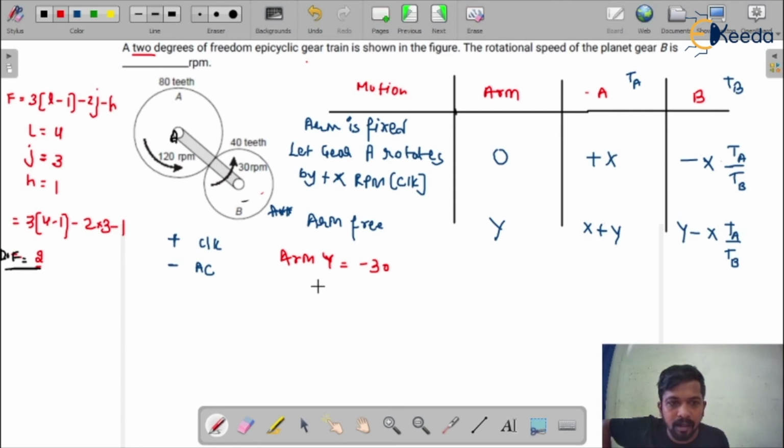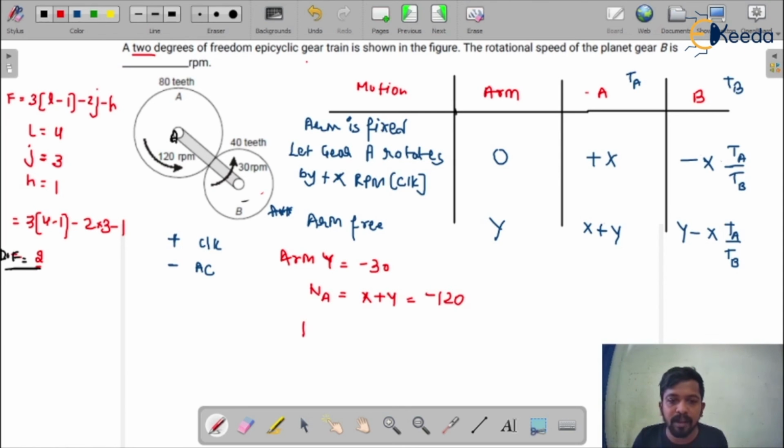And gear A is in rotation. That means the speed of the gear A, I am writing here. Speed of the gear A is what? x plus y, x plus y is equal to, this is also anti-clockwise direction, that is minus 120.